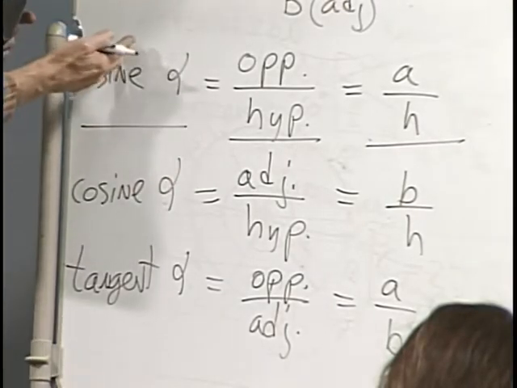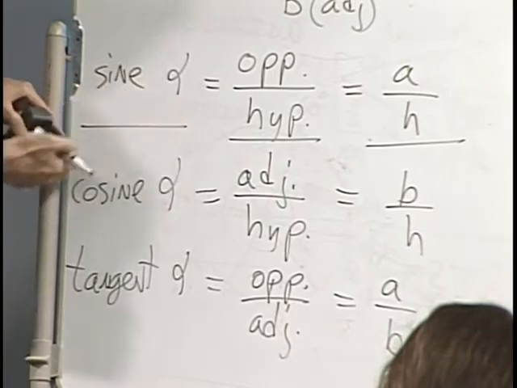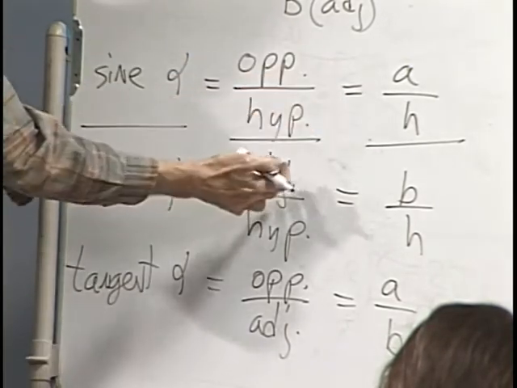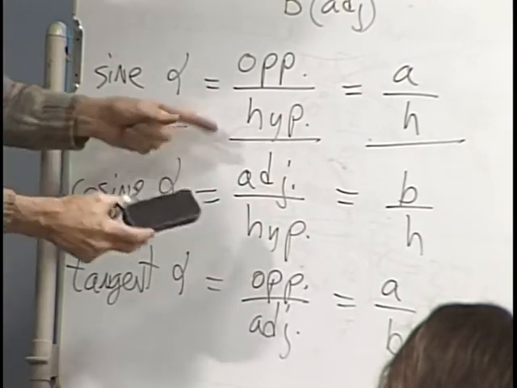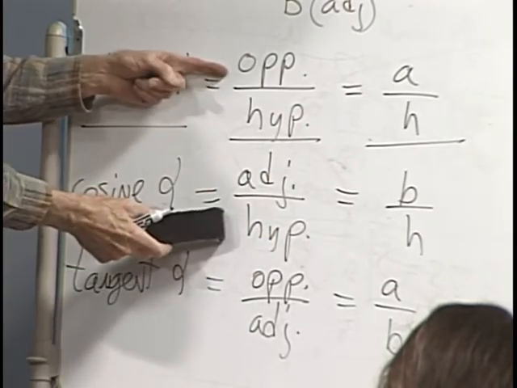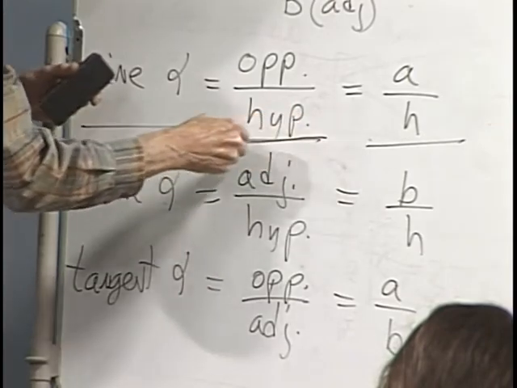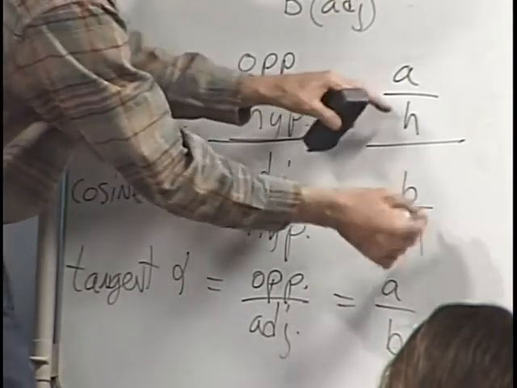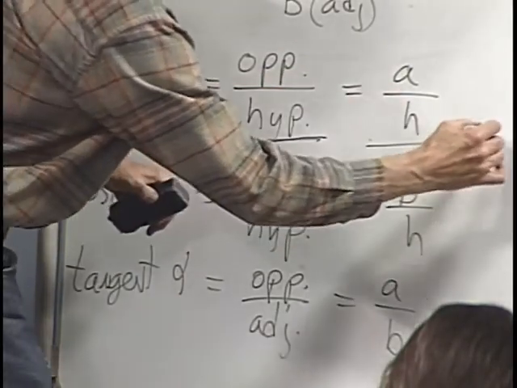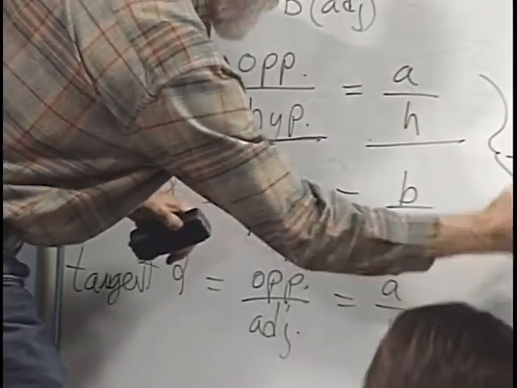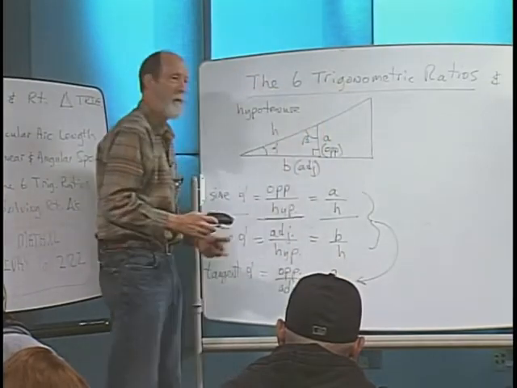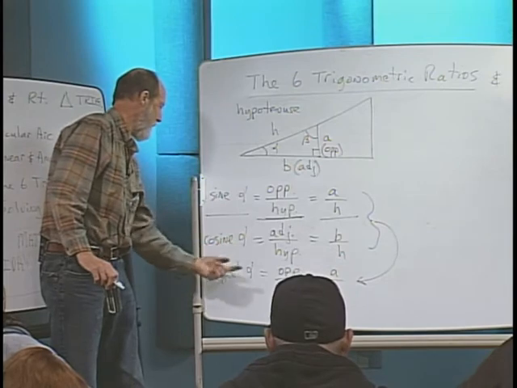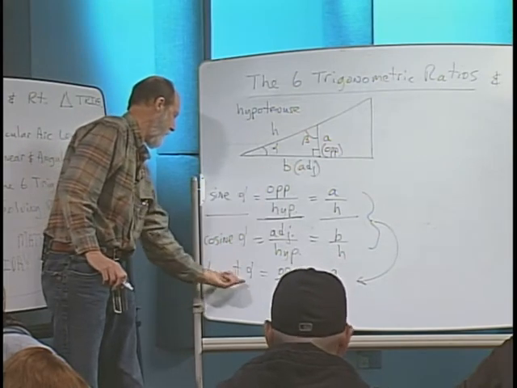In other words, sine alpha divided by cosine alpha, opposite over hypotenuse divided by adjacent over hypotenuse, what disappears in this complex fraction? Hypotenuse disappears, and we're left with A over B. So if you take the sine of an angle divided by the cosine of an angle, it's going to be equal to the tangent of the angle.